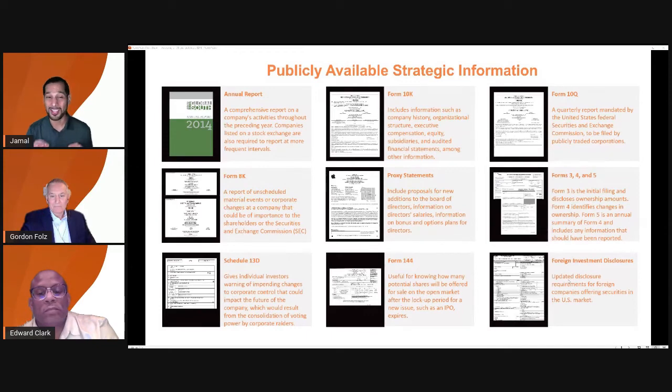Proxy statements are also really good to understand who in the organization owns a benefit, how much they're paid, key individuals that may exist within the environment that you need to connect with. And then Forms 3, 4, and 5 are really important because if an organization is changing ownership, it's being bought out, mergers and acquisitions, really great information in there as well. I won't go through the rest, but as you can imagine, there's a lot of information.